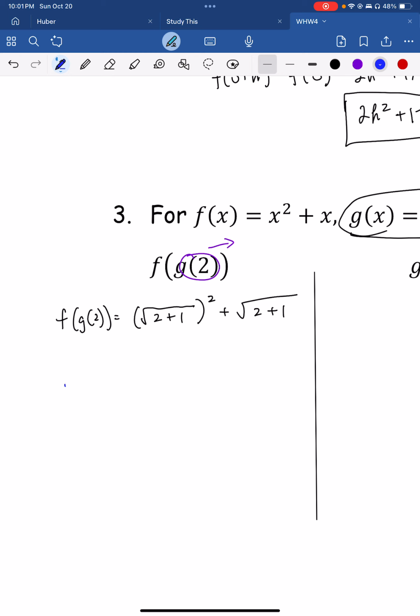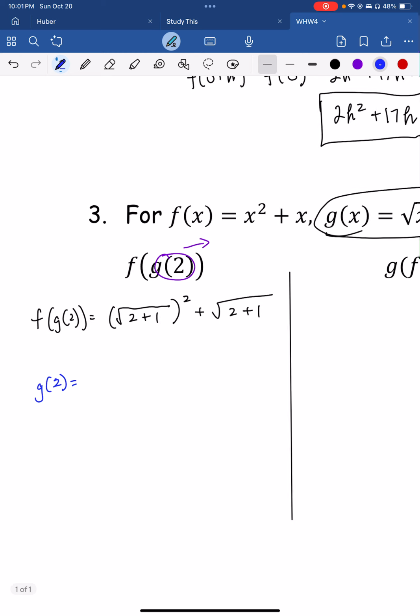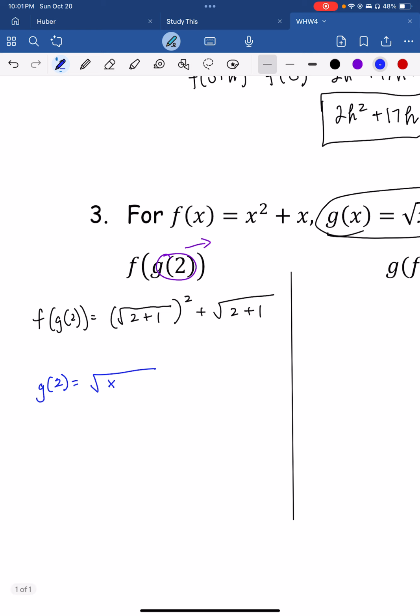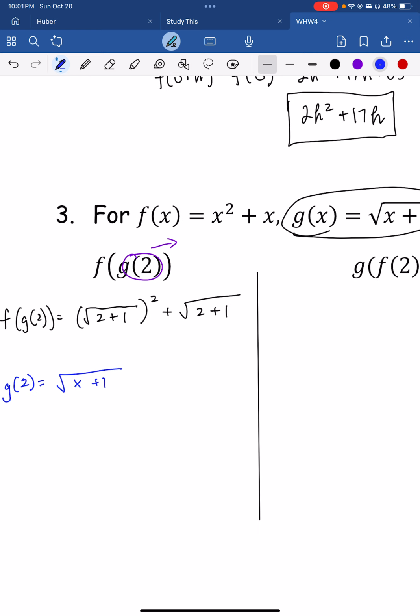So I am going to evaluate g of 2 first. G of 2 is just square root of x plus 1 when x equals 2. So then I get 2 plus 1. So my answer is square root of 3.